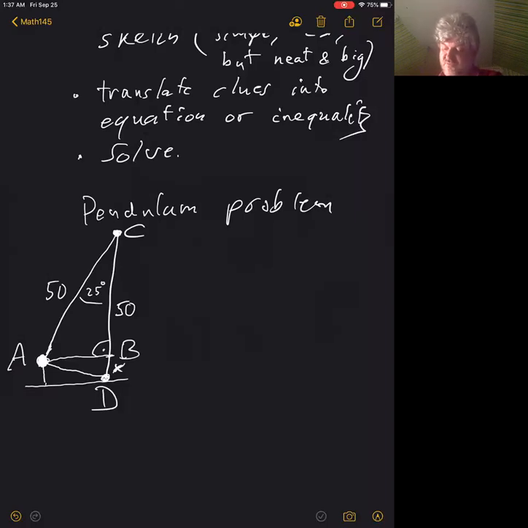Might think again, why is there a right angle at B? It's because the line segment BC is vertical and the line AB by definition is horizontal.